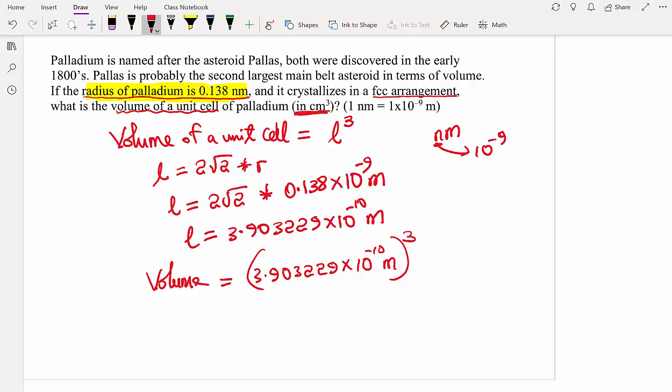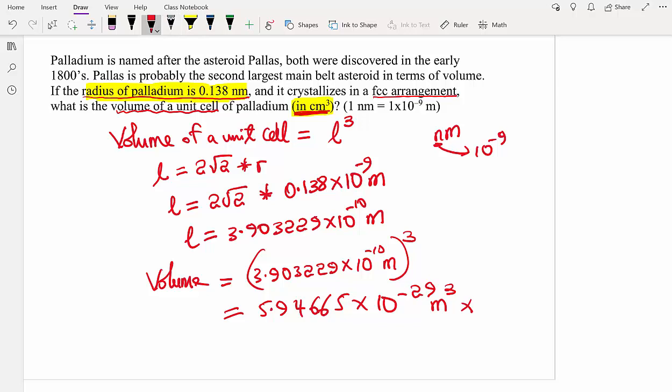If you put this into your calculator, you should get 5.9466 times 10 to negative 29 cubic meters, which we can then convert to cubic centimeters as the question requests.